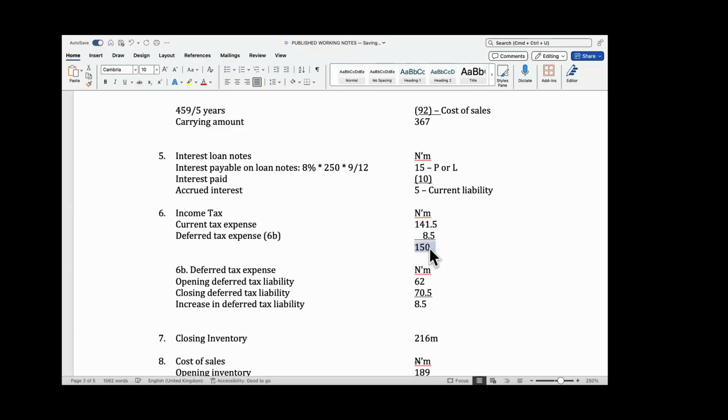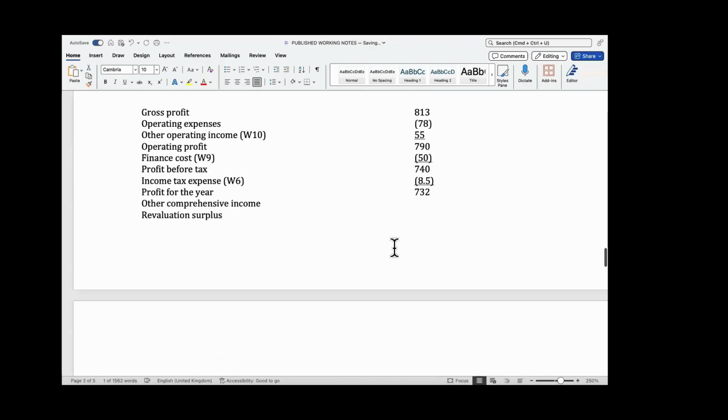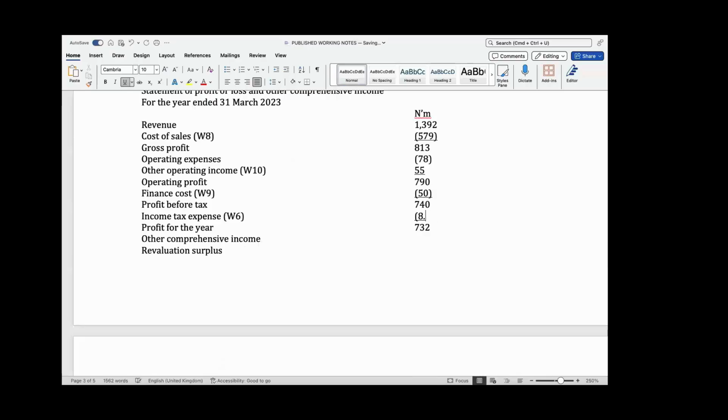That was why we set up these workings, not just this one alone. So is this 150 that we should pick? So how much is this? 590.